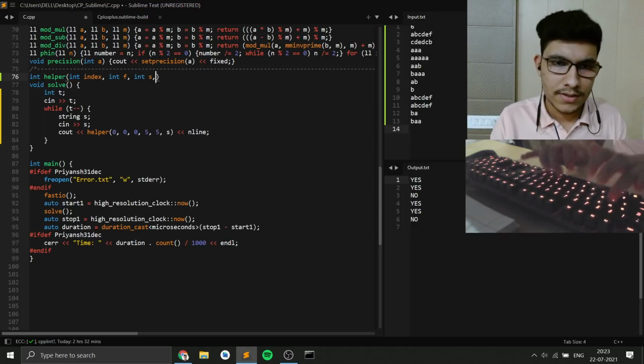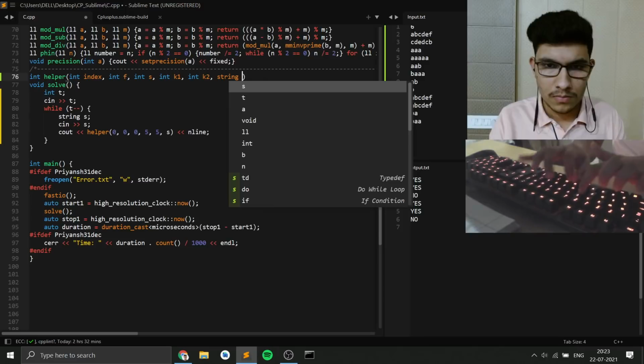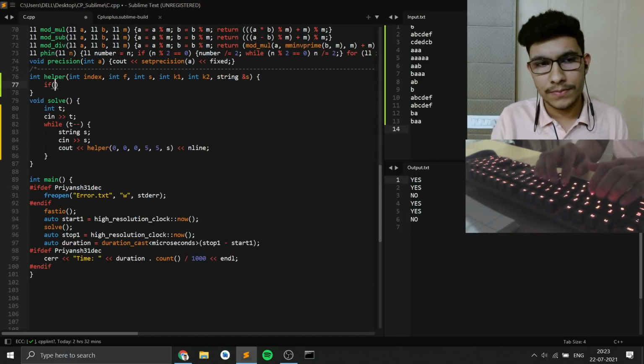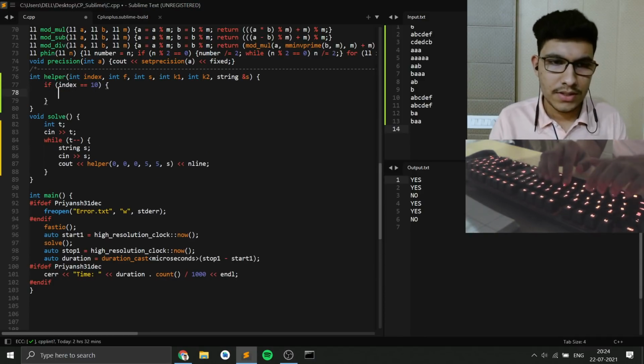Okay, int f, int s, k2. Right. So if index equals 10, then we are done. Then we just return 0.